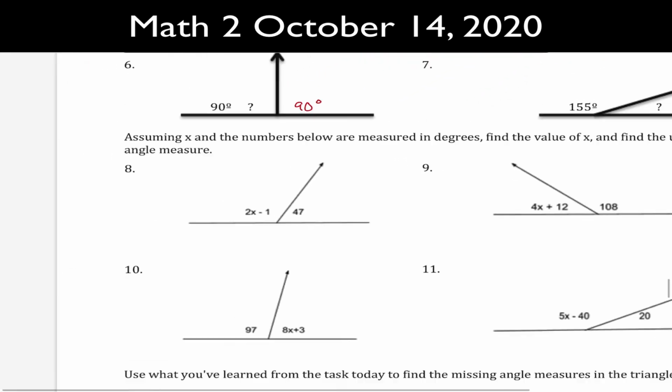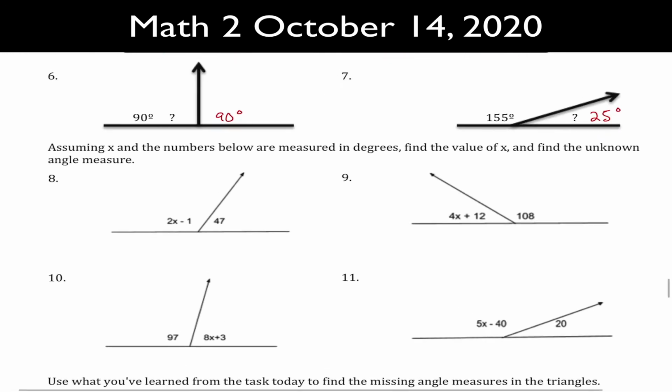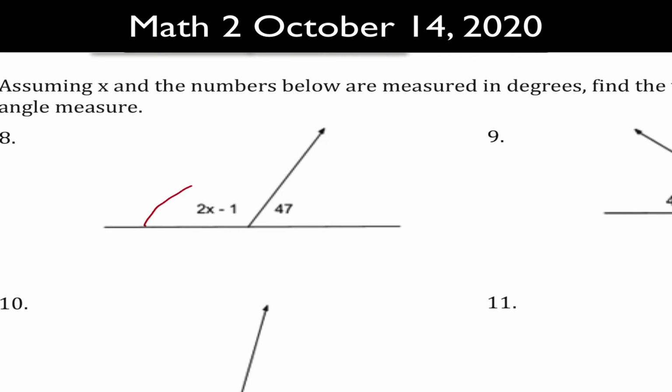Now for this next part, 8 through 13, let's continue to write out our equation, and then let's solve for not only the missing angle, but then also find the value of x. So these two, it's a linear pair, makes a straight angle. So all of that combined together, the 2x minus 1 plus the 47, all combines together to make 180.